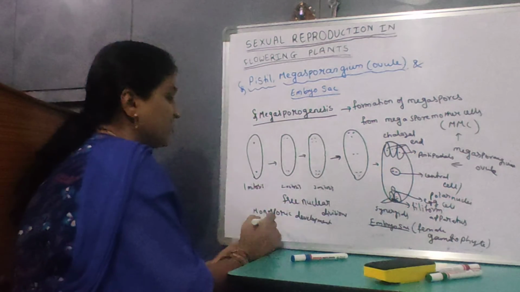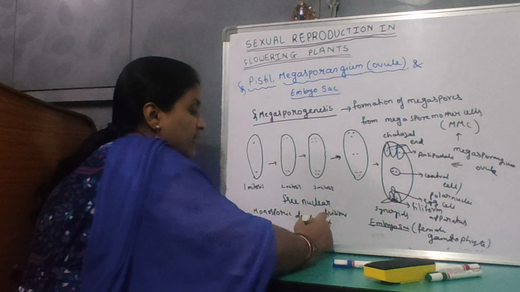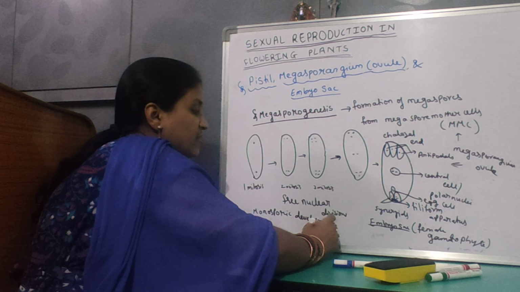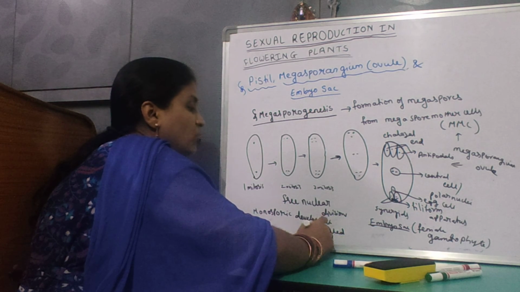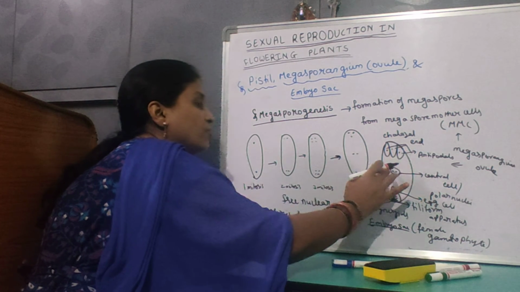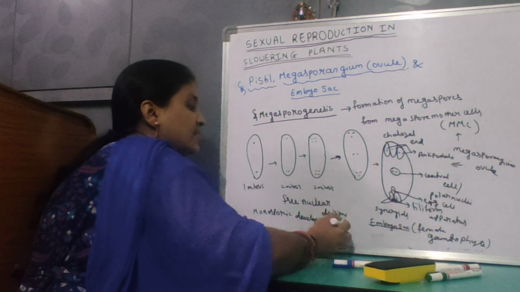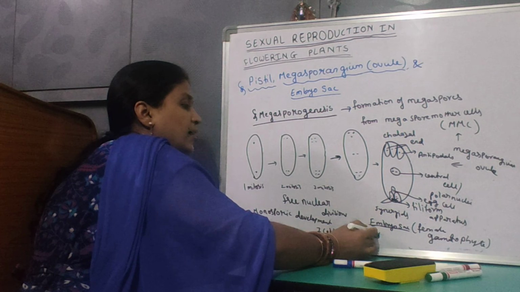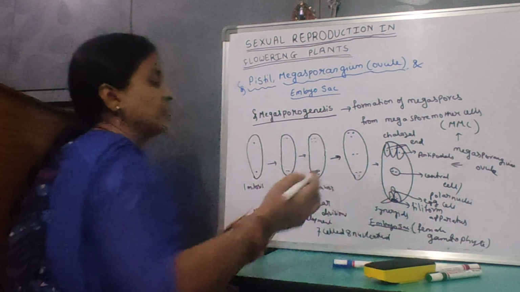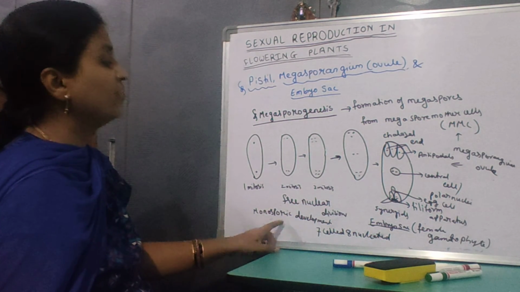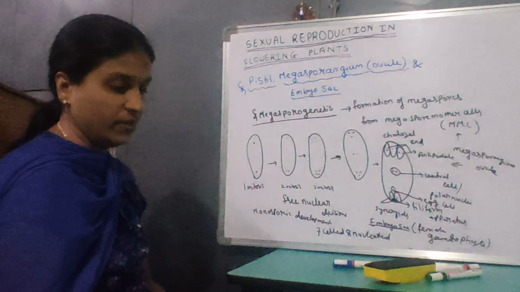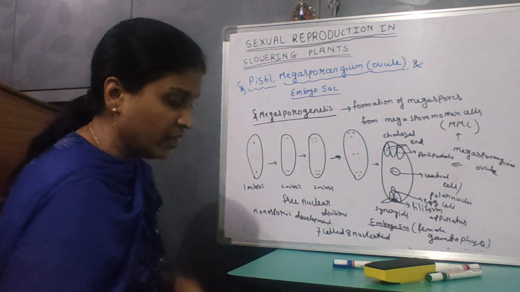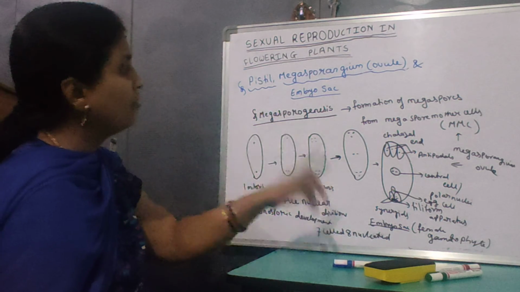So the embryo sac is 7 celled. How many nuclei are present? 1, 2, 3, 4, 5, 6, 7, 8. 8 nucleated embryo sac. So the embryo sac is monosporic development, 7 celled and 8 nucleated. This is about the female gametophyte.